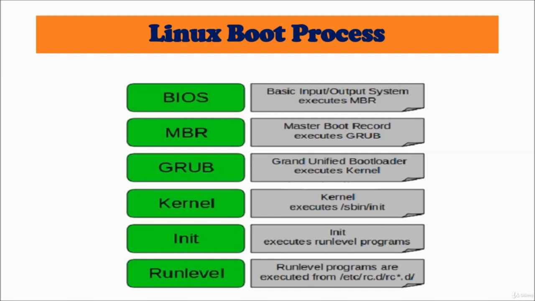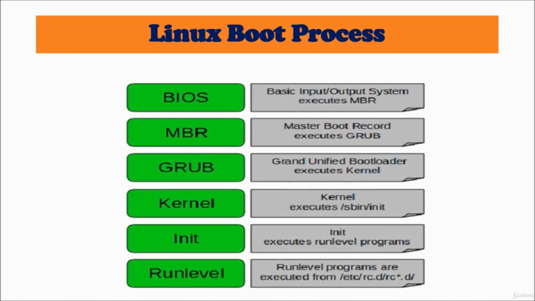After GRUB comes the kernel. The kernel mounts the root file system as specified by the root= entry in the grub.conf file. Then the kernel executes the /sbin/init program.